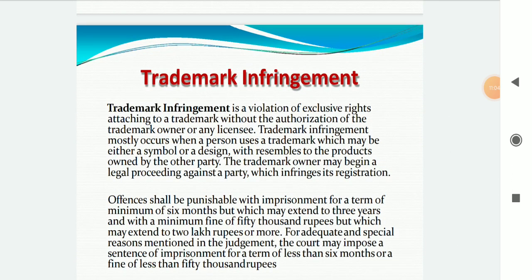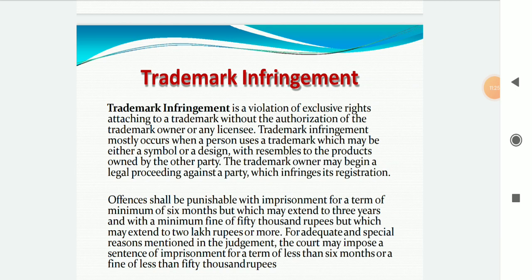Trademark infringement. Trademark infringement is the violation of the exclusive rights attaching to a trademark without the authorization of the trademark owner or licensee. Trademark infringement mostly occurs when a person uses a trademark, which may be either a symbol or design.